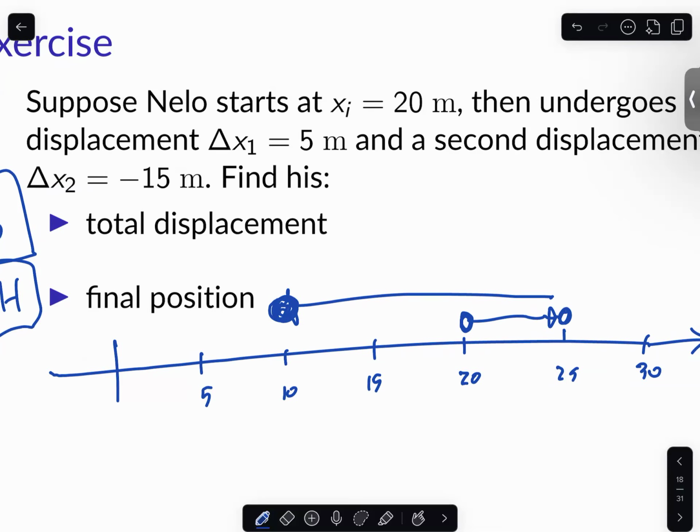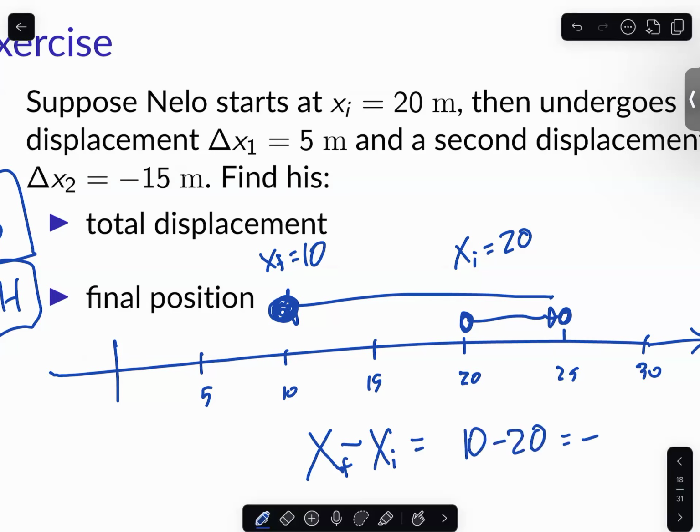What's my final minus my initial? If x initial equals 20, x final equals 10, what is final minus initial? Negative 10. Negative 10. All right.